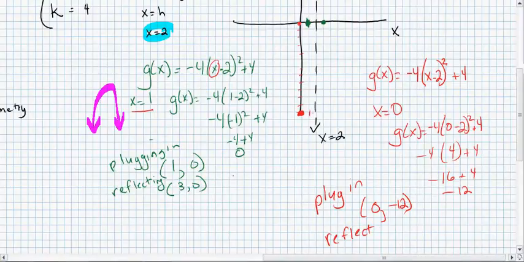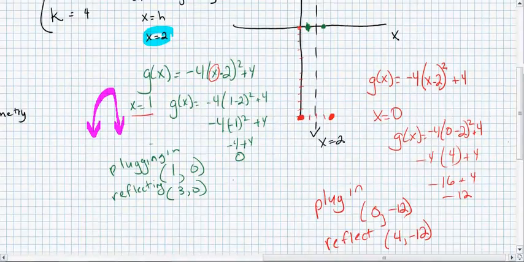So I'm 2 away from the axis of symmetry on the left, which means I have to go 2 away on the right, and I'm going to get another point. This is point number 5 for my parabola. So it's 1, 2, 3, 4, negative 12.